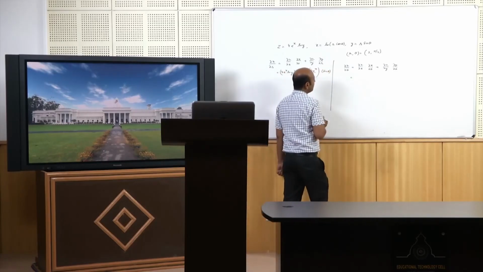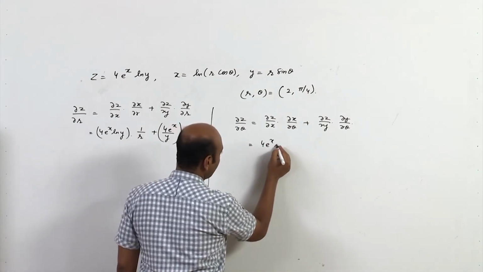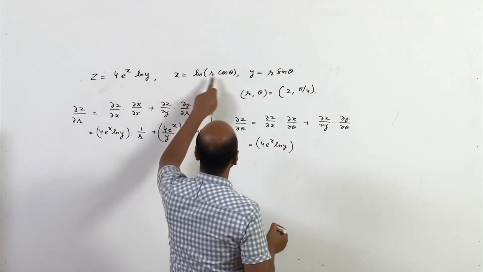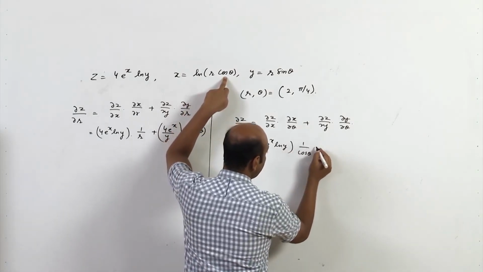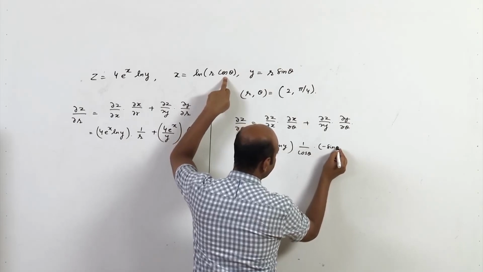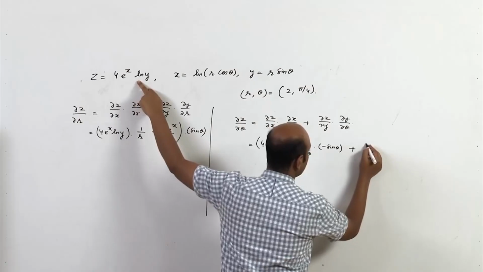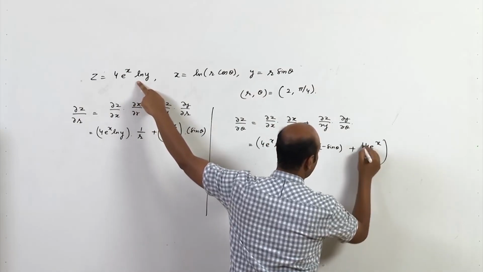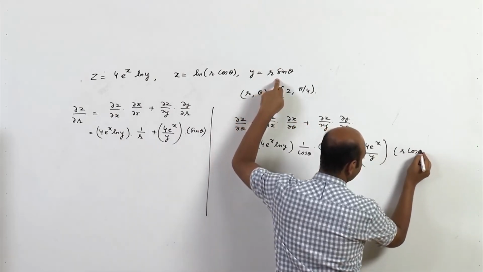Now, this is del z by del x, it is 4 e raised to power x ln y, del x by del theta, from here it is 1 by cos theta and it is minus sin theta, plus del z by del y is 4 e raised to power x upon y and del y by del theta is r cos theta.